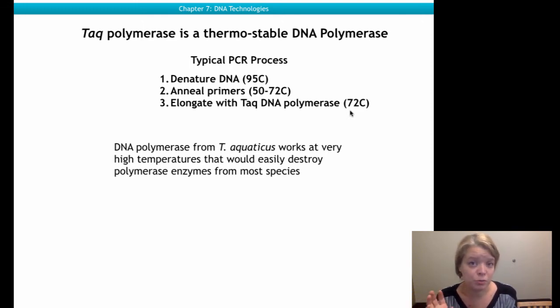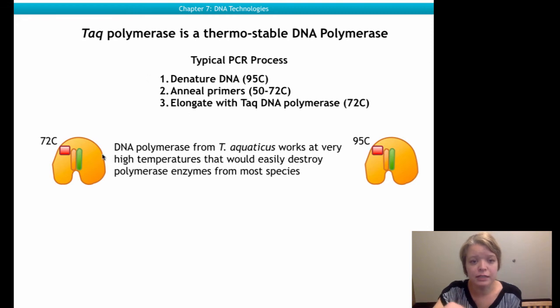It holds its shape really darn well, allowing for repeating of this 1-2-3 cycle of a typical PCR process without the need of adding additional enzyme. So you guys can see here the Taq DNA polymerase works at high temperatures that would destroy the polymerases from any other bacterium that grows at 37. It's fully functional, very, very fast at 72, and it doesn't fully denature at 95 and can easily revert to 72.